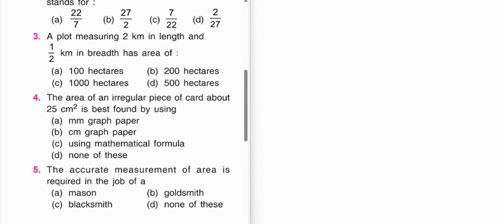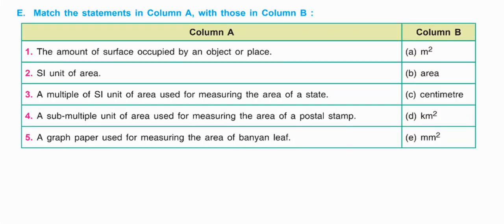Now, we are seeing the question on our screen. Match the statement in column A with those in column B. The amount of surface occupied by an object is called its area.